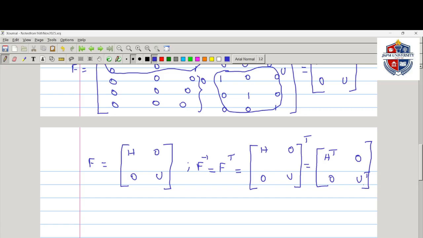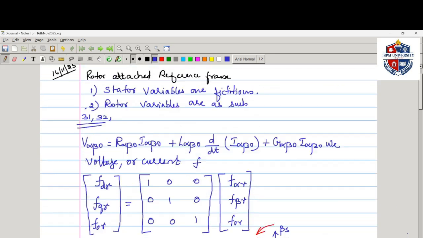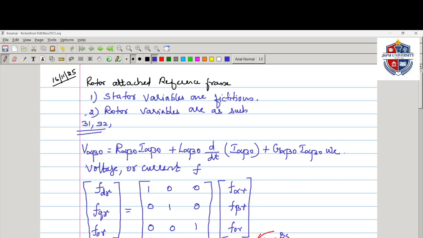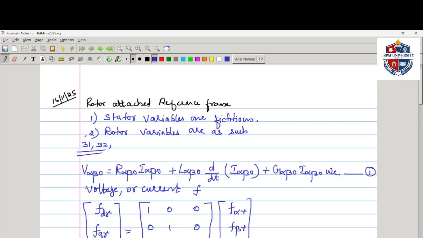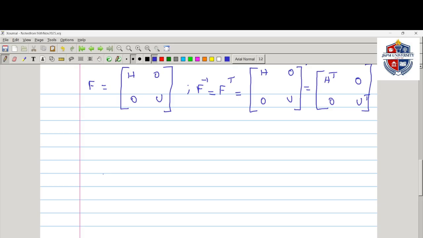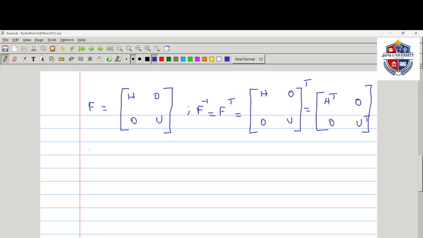So now we are going to substitute these values in the above equations. What is the equation we have already written? In this equation we are going to substitute. I already told you the variables may be voltage or current. For simplicity I can write it here: V alpha beta naught equal to F inverse into V dq naught, F R. That means the stator is fictitious.